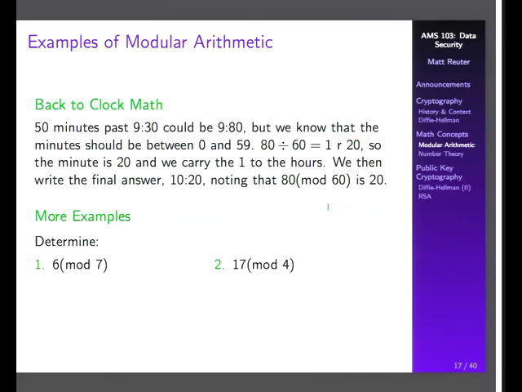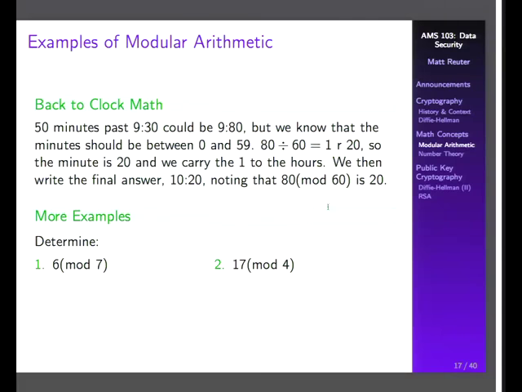All right, anybody have a guess? What's 6 mod 7? It's just 6. Okay, so we can ask ourselves, is 6 between 0 and the modulus minus 1? Yep, because the modulus here is 7. Is 6 between 0 and 6? Yep, we're done.